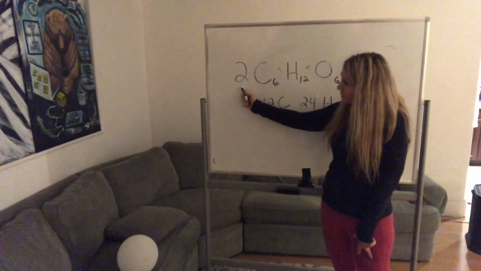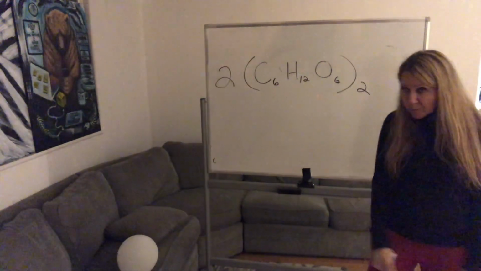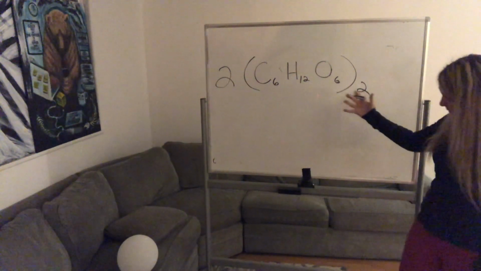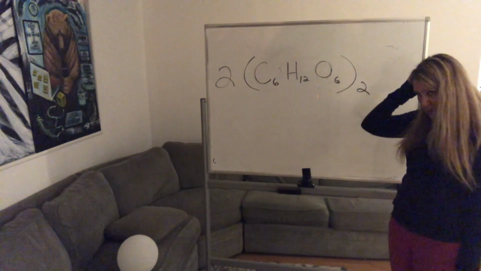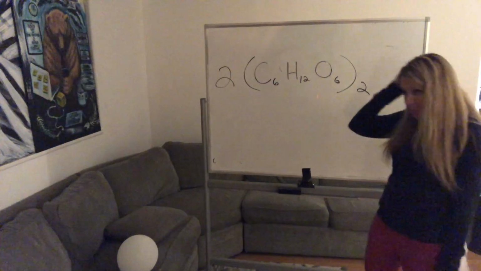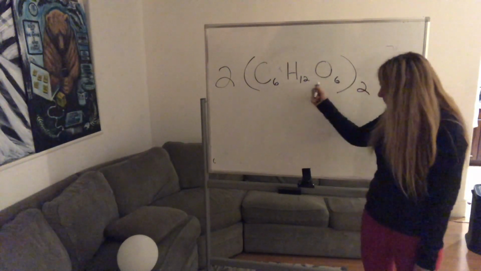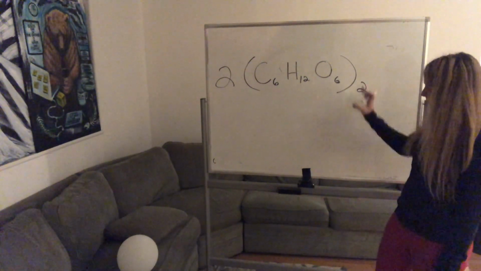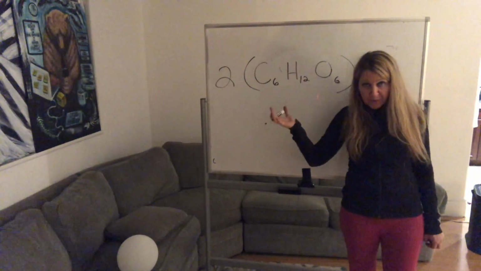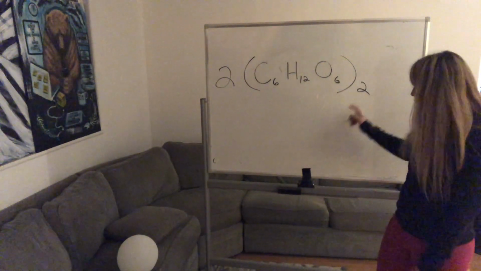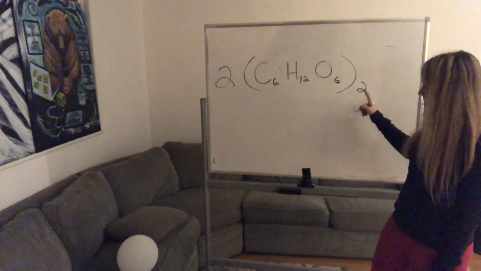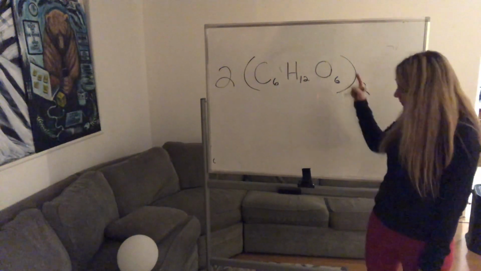So with a coefficient, if I have this, I want to figure out how many atoms of carbon, how many atoms of hydrogen, how many atoms of oxygen. First thing I'm going to do, like math, parentheses. For the subscript, we're going to multiply this times everything in the parentheses.